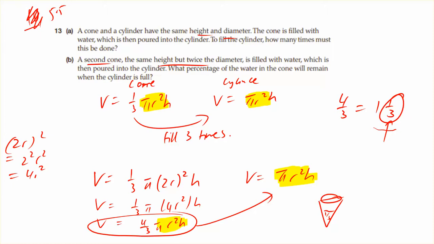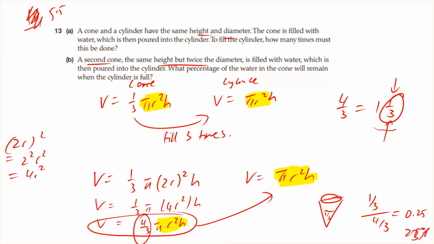The cylinder's full, we've got a third remaining, a third divided by, in terms of volume, 4 over 3. So a third divided by 4 over 3 gives us 0.25, which is 25%.